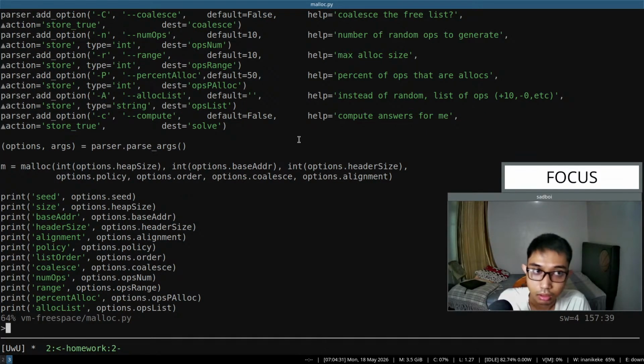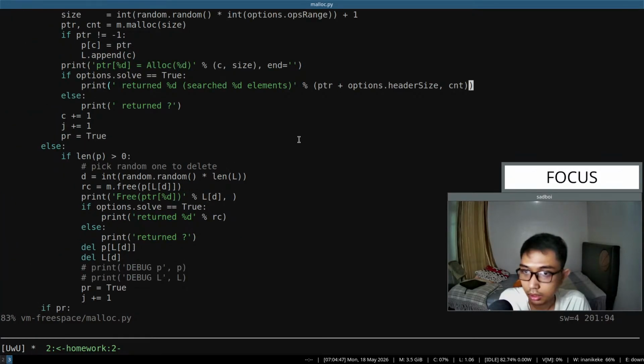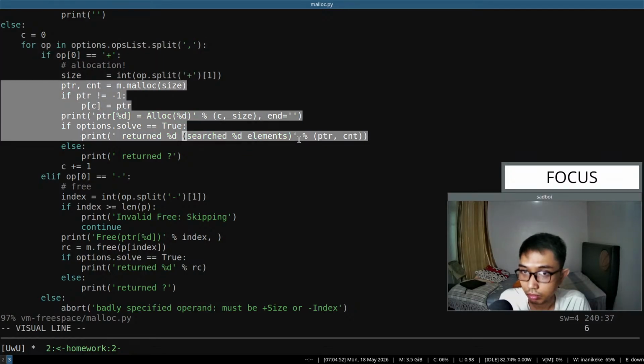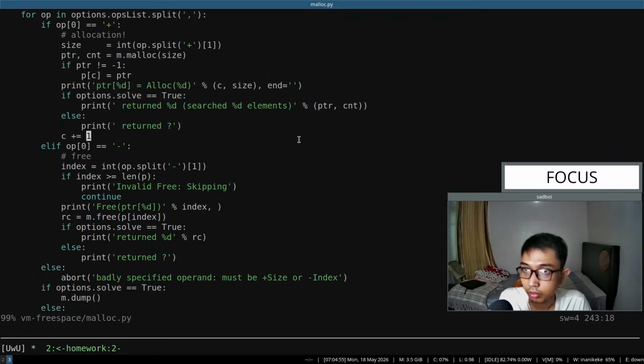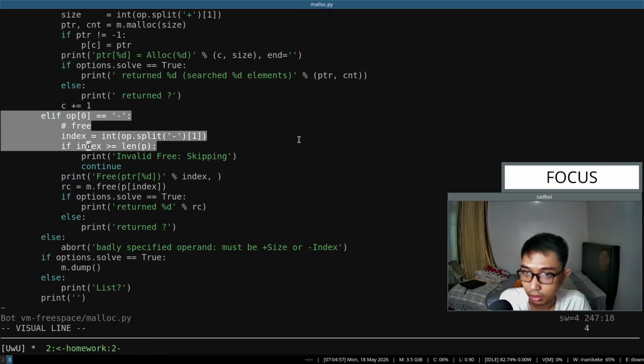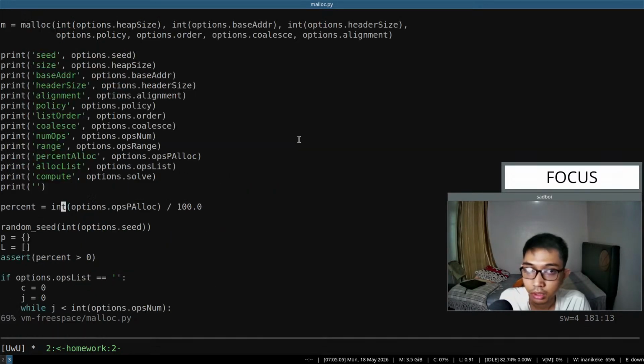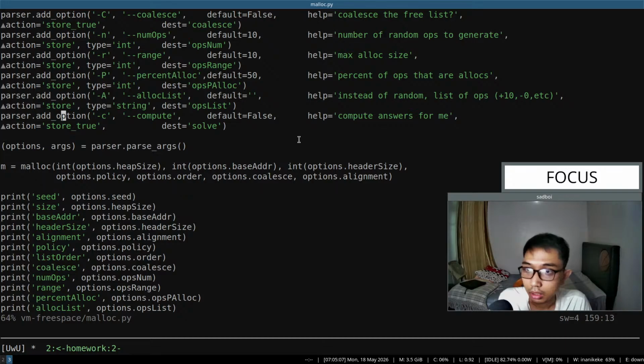Okay, and from the code it looks like plus means we allocate the memory, and negative means that we free the memory, at least from this one, I assume. Negative, right? We free the memory. And then compute the answer. Okay.